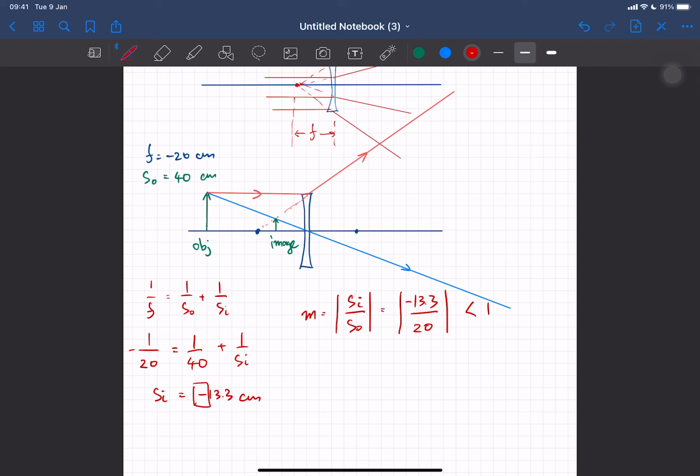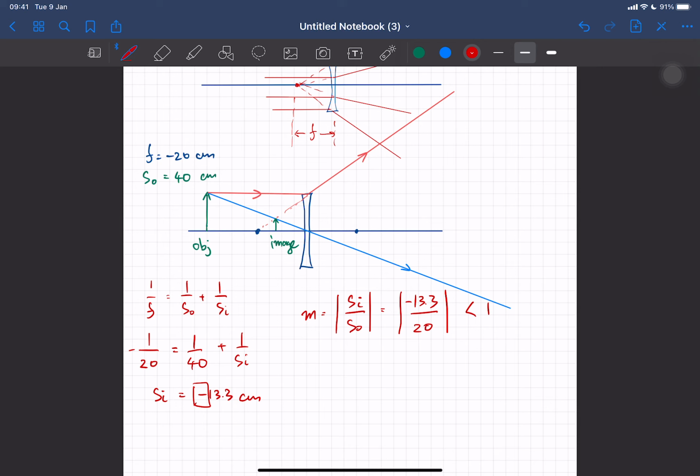It's what we call a demagnifier because it makes things smaller. It might be strange to see the use of this, but sometimes you want to see more things, and you don't care that it's smaller. This might be the application of this kind of lens.